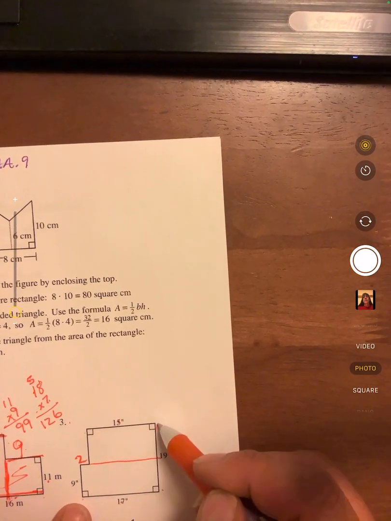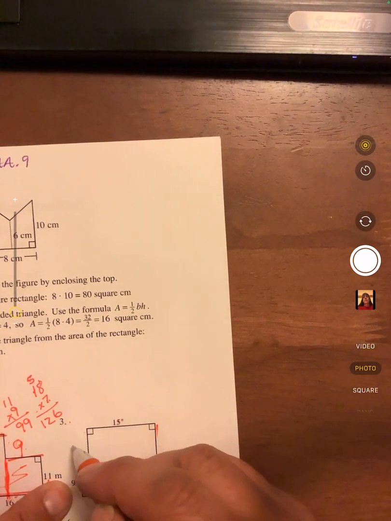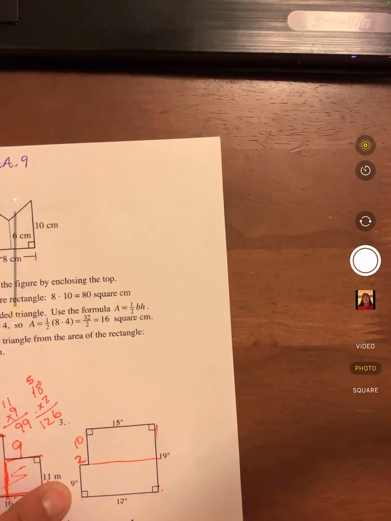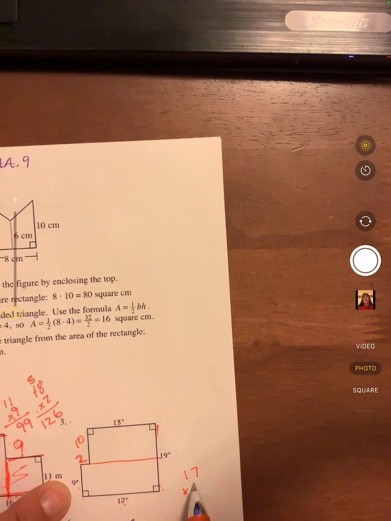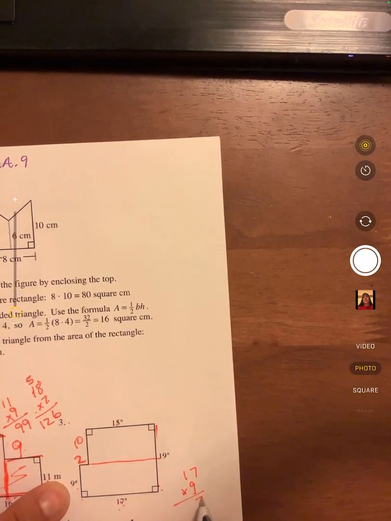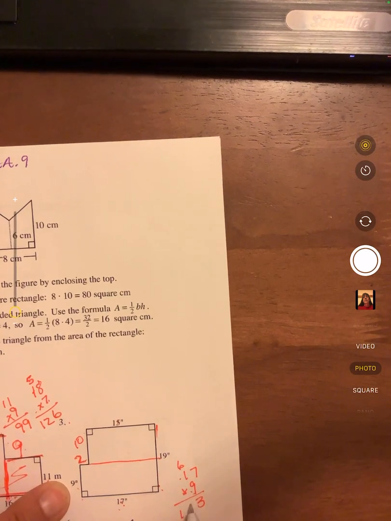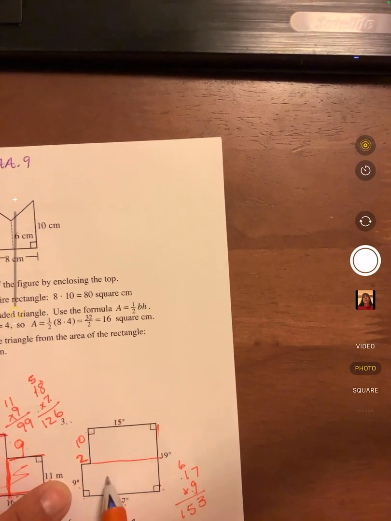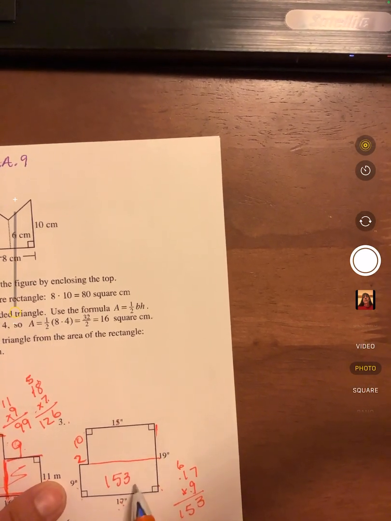This whole area is 19, so this is 9 right there. This would be 10 right there. So we multiply these two numbers. 17 times 9 is 153. So this whole box is 153 square inches.